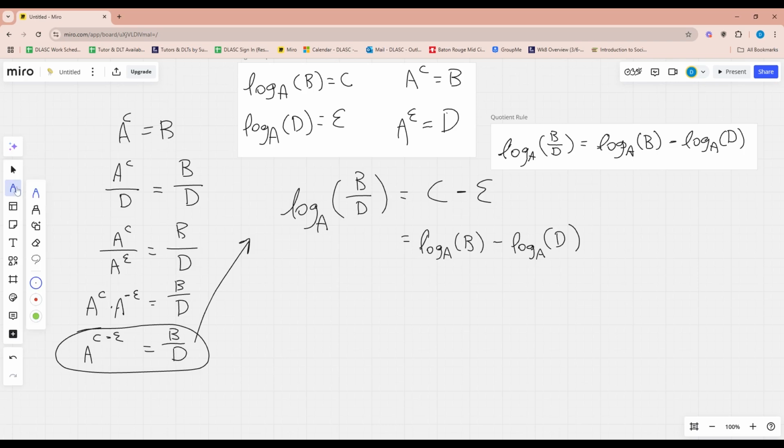So formally, therefore, log base a of b over d, for some constants, is equal to log base a of b minus log base a of d.